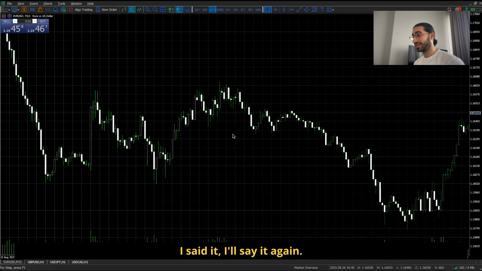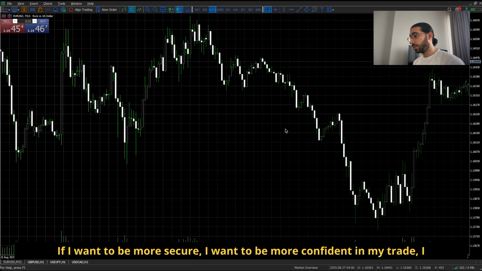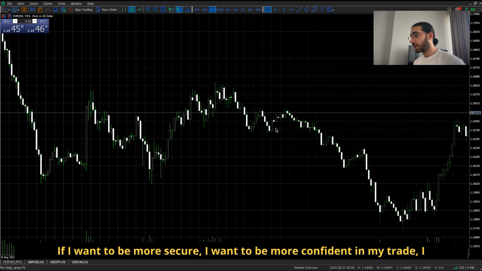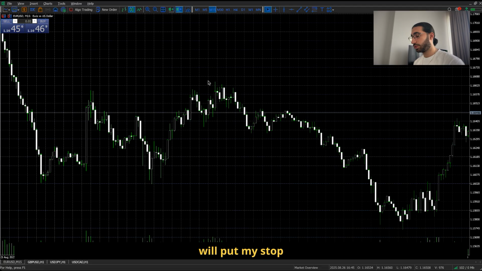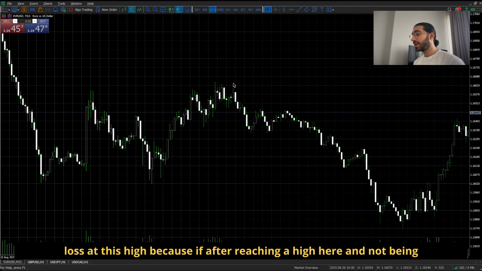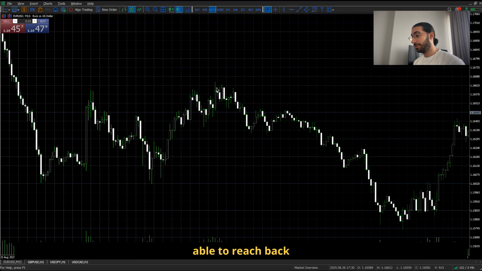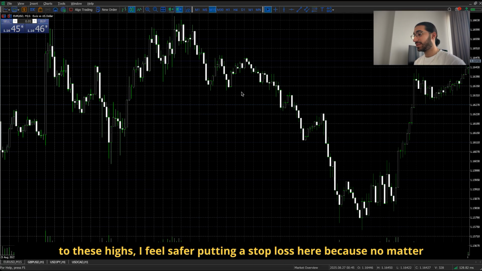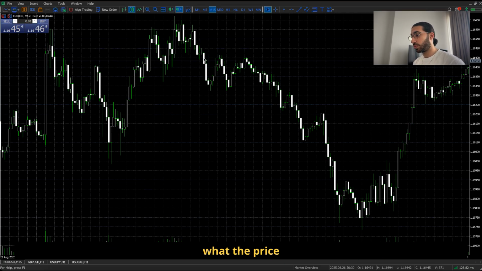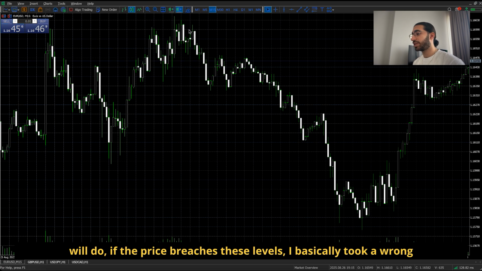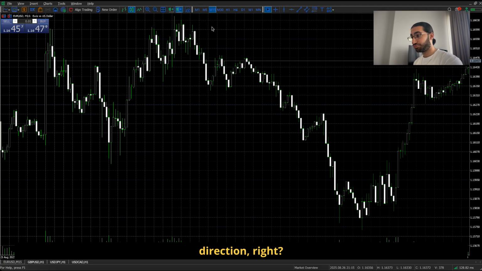I said it, I'll say it again. If I want to be more secure, I want to be more confident in my trade, I will put my stop loss at this high, because after reaching a high here and not being able to reach back to these highs, I feel safer putting a stop loss here, because no matter what the price will do, if the price breaches these levels, I basically took a wrong direction, right?